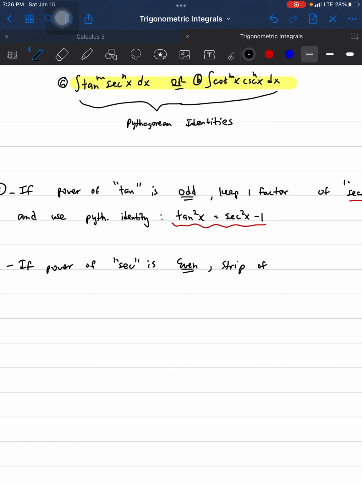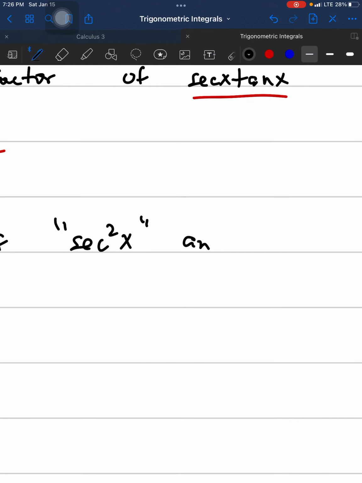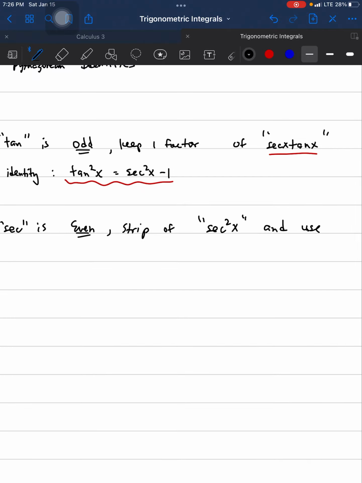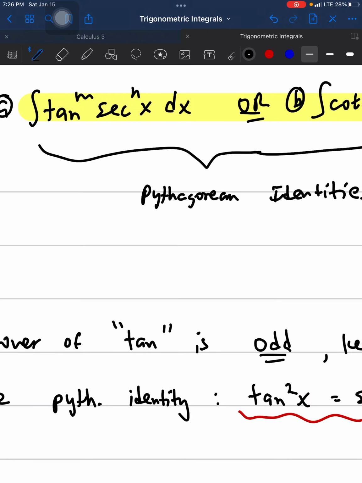So whenever we have even powers for secant in this form of integral, we want to strip off a secant squared x and use, so whenever we have a secant squared, it has to be at least a power equal to 2 or above, right? So like 2, 4, 6, 8, 10, 12, and so on.